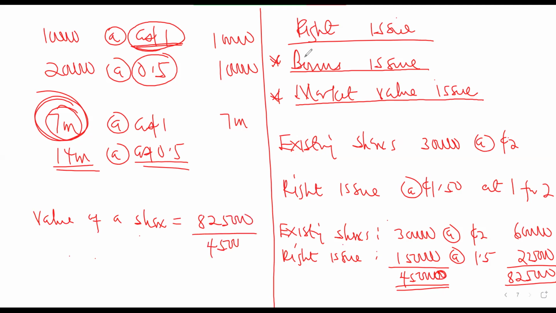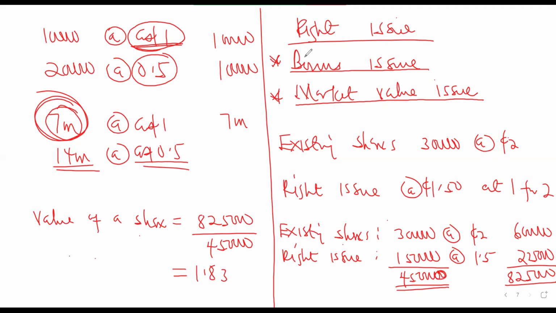Okay. So it is 450,000 shares that are giving us that. So how much is one share going to be worth to get the 825,000? What are you getting? 1.83, isn't it? Yeah.